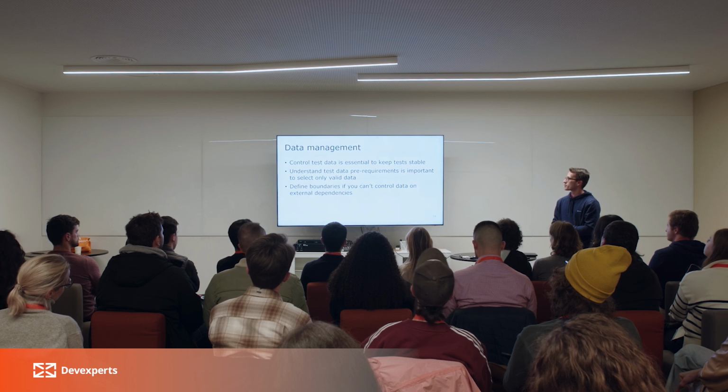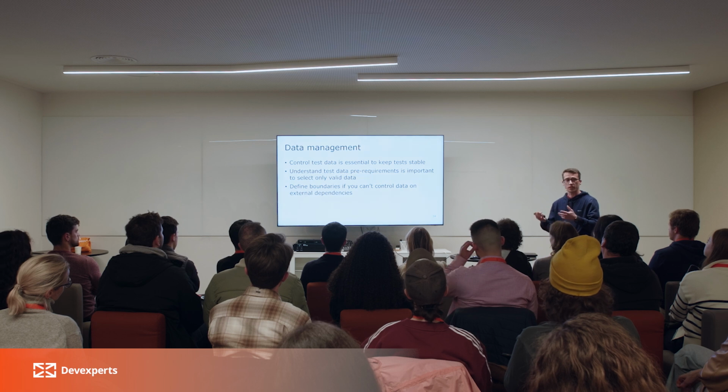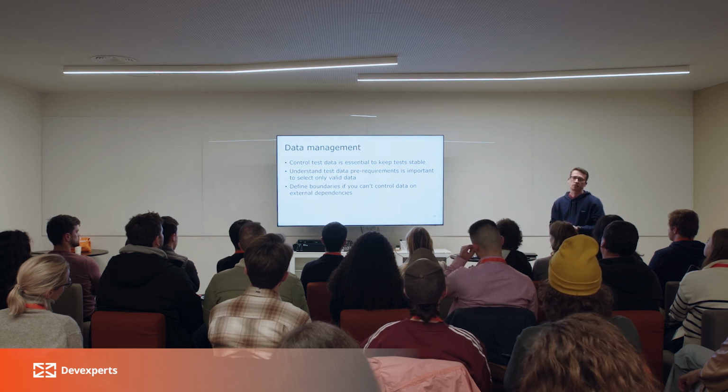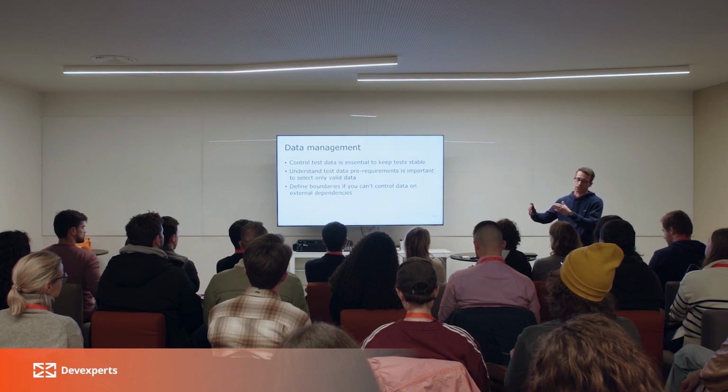And if we cannot control all the data that we need in our tests, sometimes we need to define some boundaries, some limits where we can control the data, and maybe we can isolate this data, and here we can manage. And on the other side, maybe we need to find a way to, again, isolate it from what we cannot control.